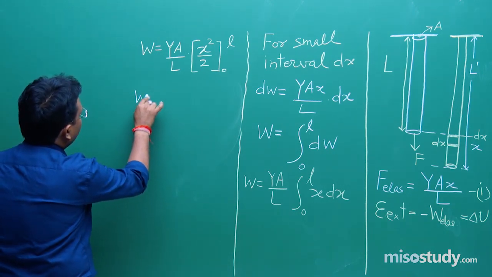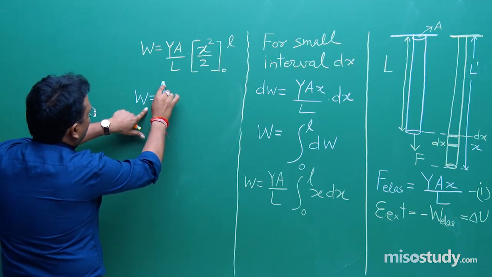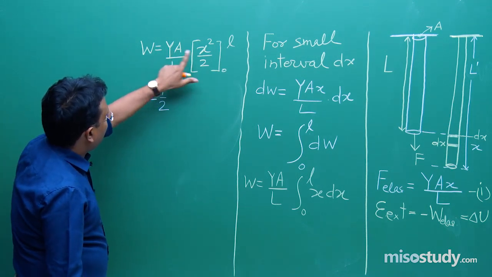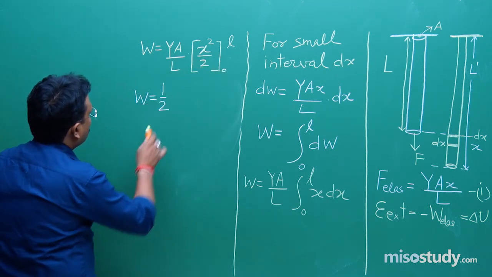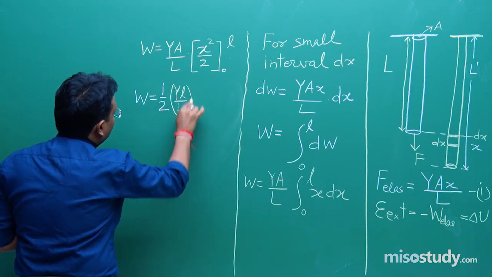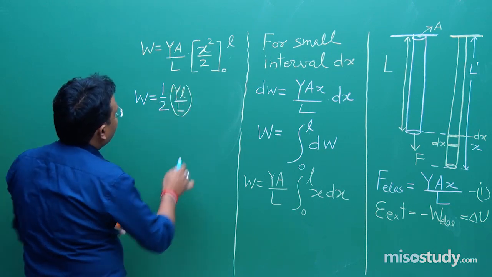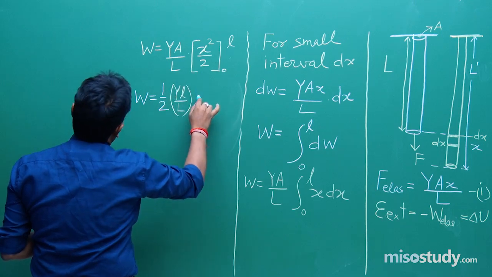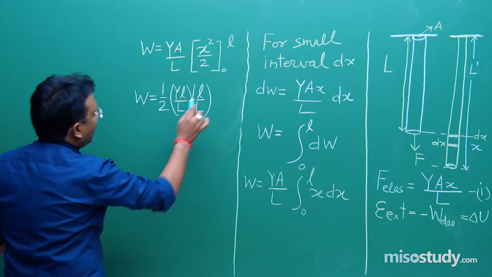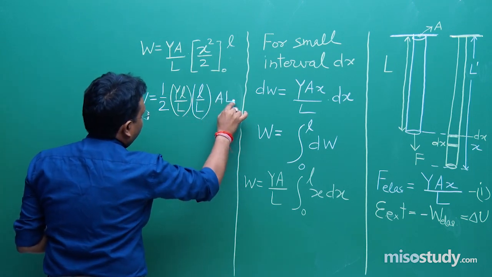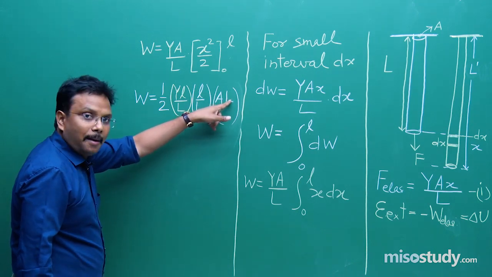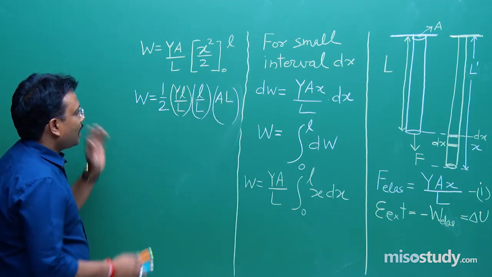So, just arrange the terms like this, 1 by 2, yes, then Y, L by L, fine. Then next term is small l by capital L, and then A L, because you can cancel this capital L with this capital L, fine, and then you can arrange the terms.